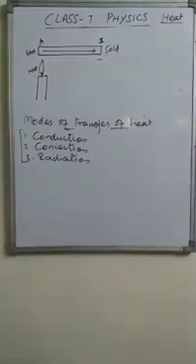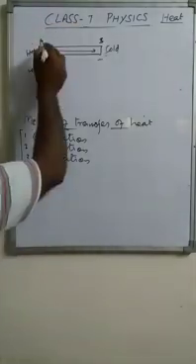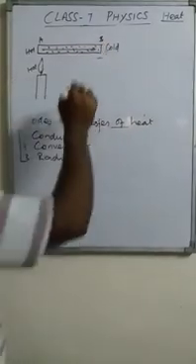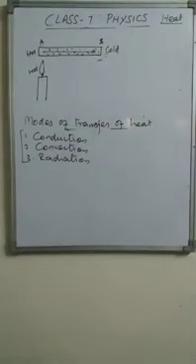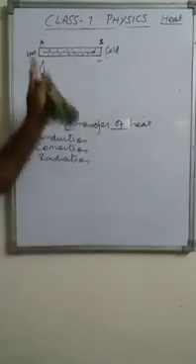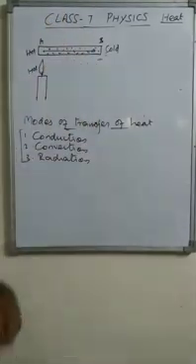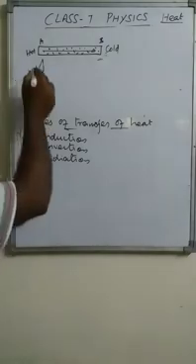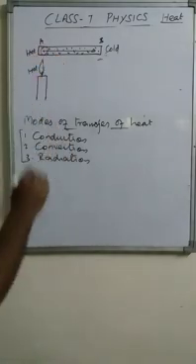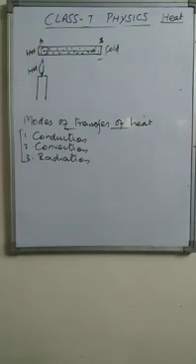In this transfer of heat, the material has a large number of particles. How do these particles transfer the heat? After getting the heat from this portion, these particles start to move to and fro.